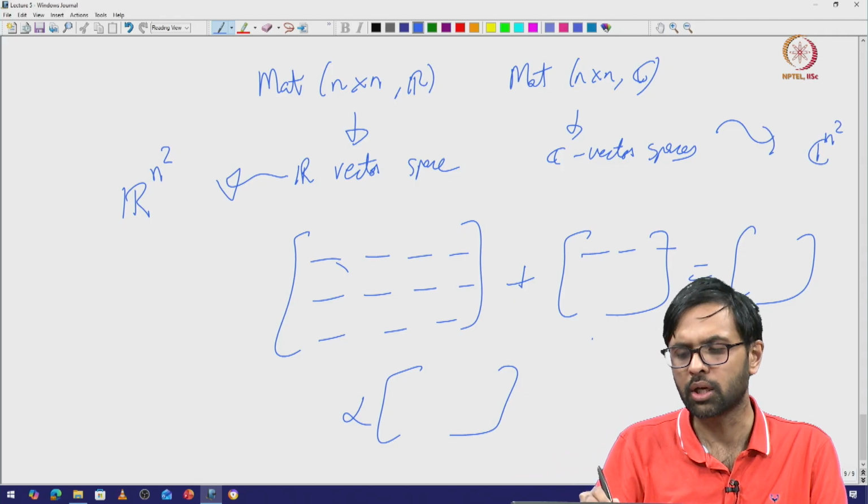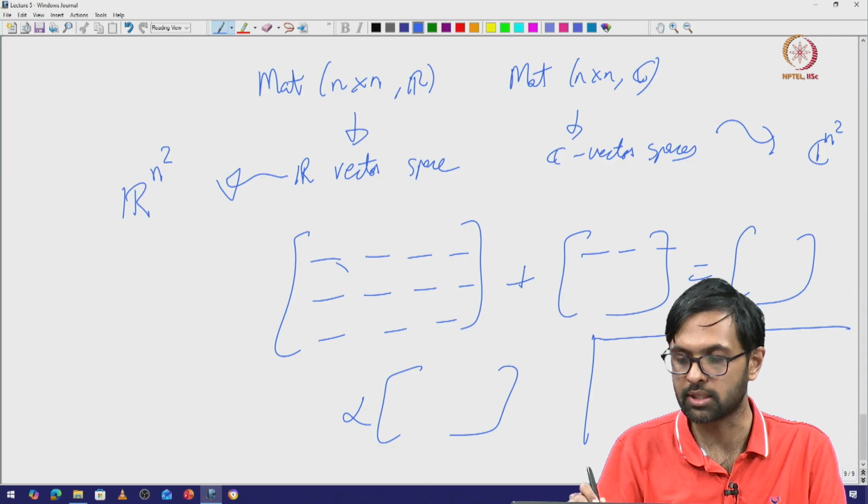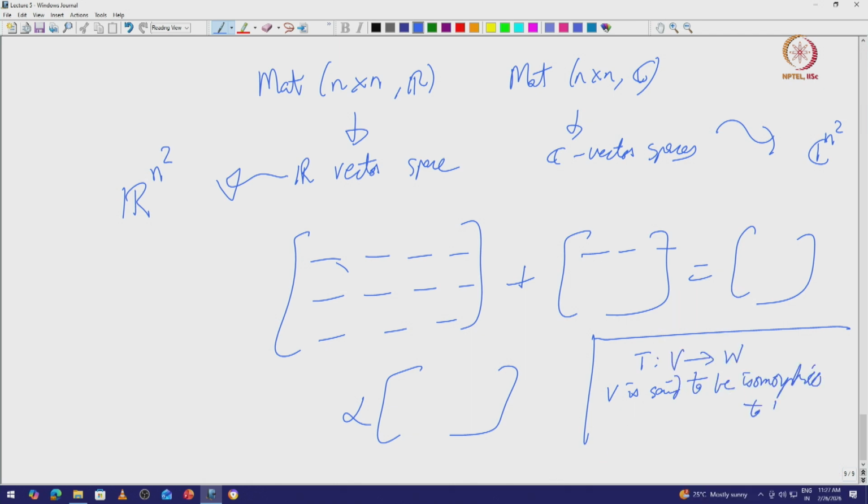By the way, what does it mean for two vector spaces to be the same? Recall that we have a notion of a linear map between two vector spaces. V is said to be isomorphic to W, that's the more fancy mathematical word, if there exists a linear map T which is invertible and the inverse is also linear.